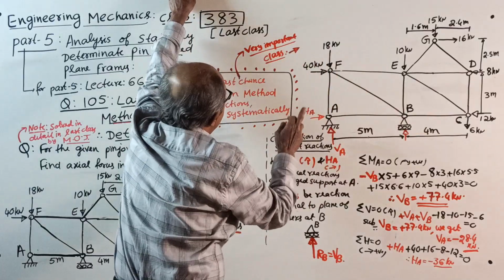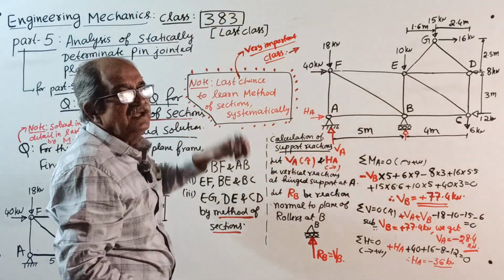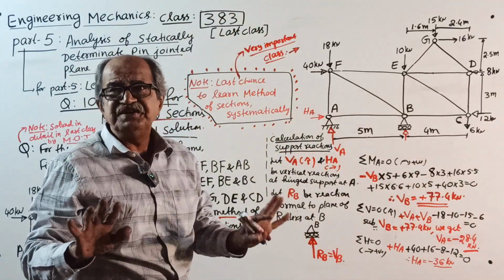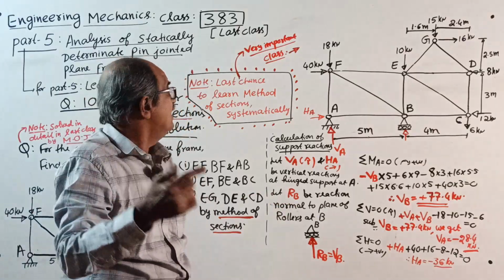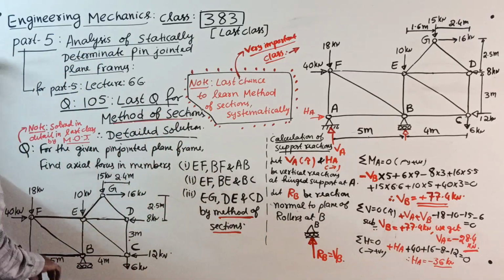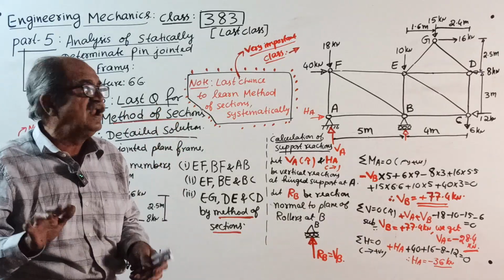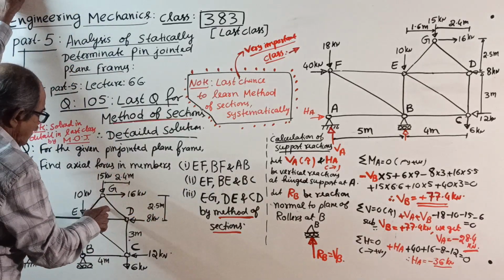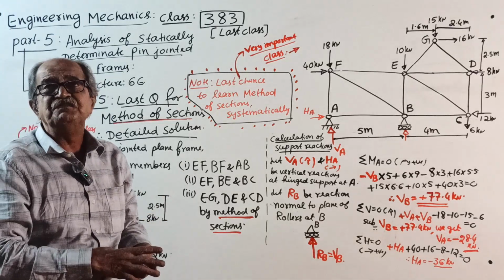Okay, now this is regular. First is calculation of support reaction. Last class we finished it. At last class I told, see, next class I am solving the same question by method of section. But today it is independent. See, earlier what you used to do? Find the forces in all members by method of joint, verify the result for some members.